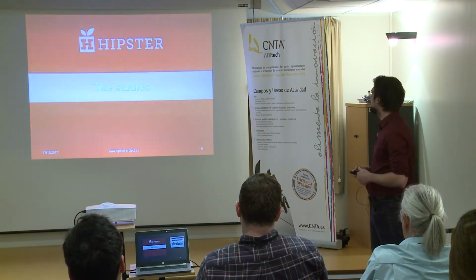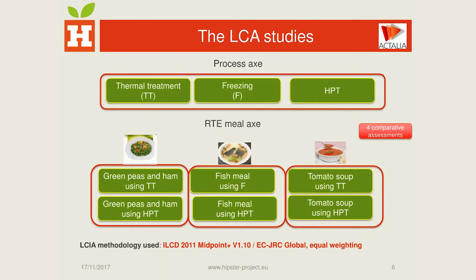Here are the studies that we have performed during the project. We have realized 4 comparative assessments split in 2 axes. The process axis, where we compare the different technologies: a thermal treatment, an autoclave with a freezing, and the HPT process.